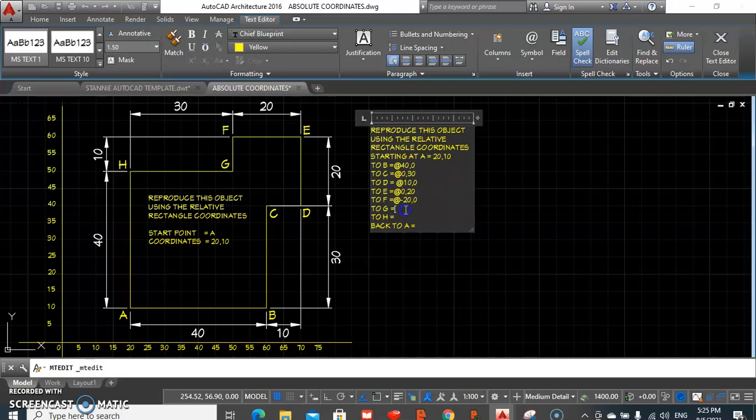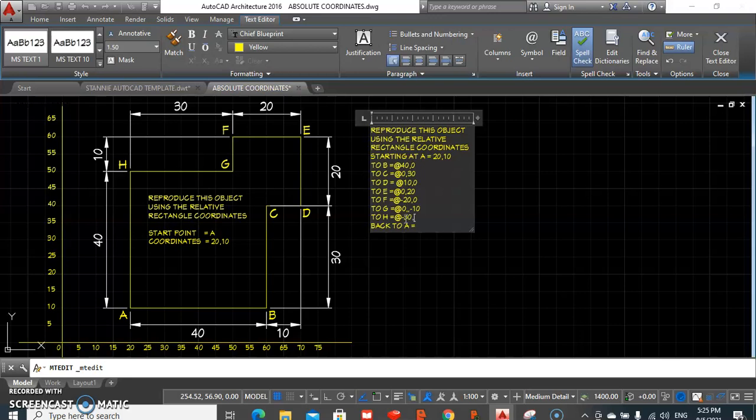To get to G, we had no horizontal movements, so that was 0. But we had vertical going down in the value of negative 10. To get to H, we had horizontal movements to the left of negative 30.